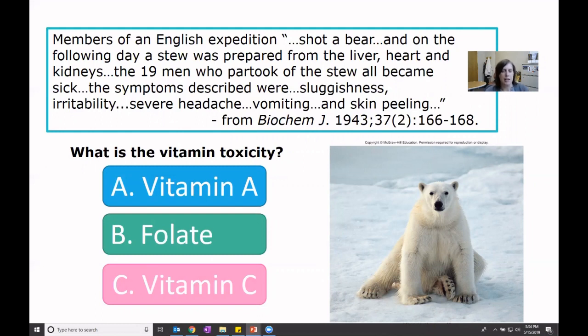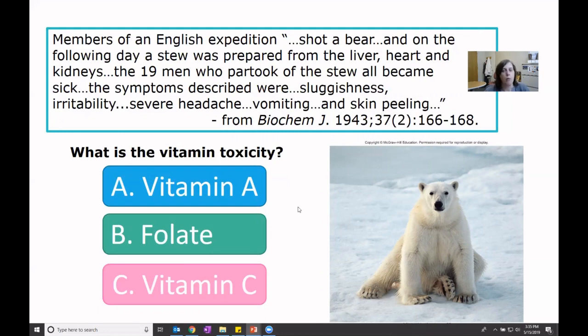So the toxicity here is actually vitamin A. It's not from the plant form of vitamin A, but it's actually from an animal source, so from the polar bear. So this is a different type of vitamin A, and this one we do have concerns. It can have some negative effects that can lead to all of these symptoms that are listed here, and in some cases can lead to death.